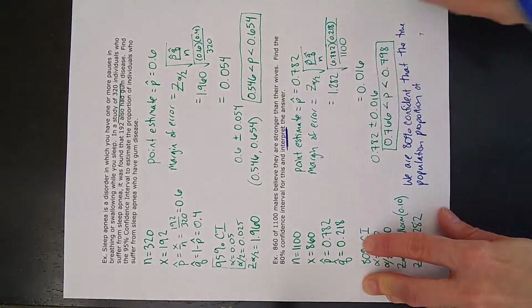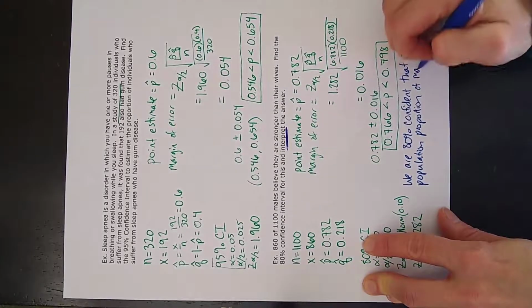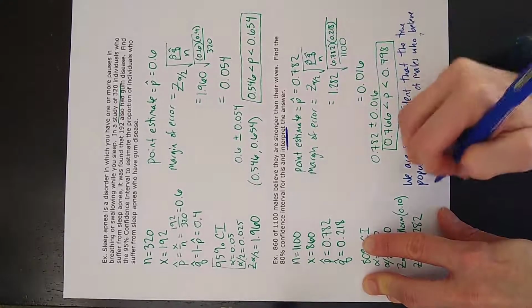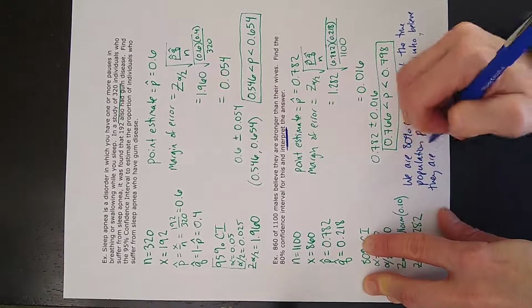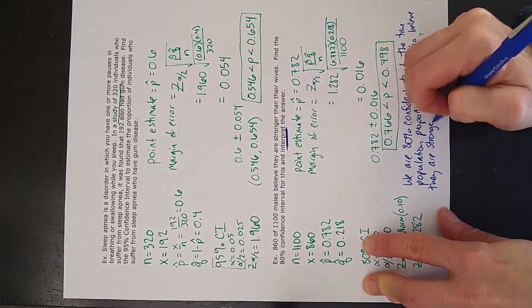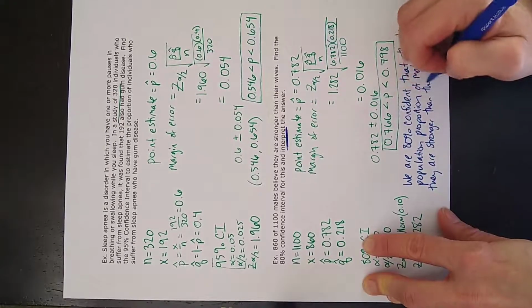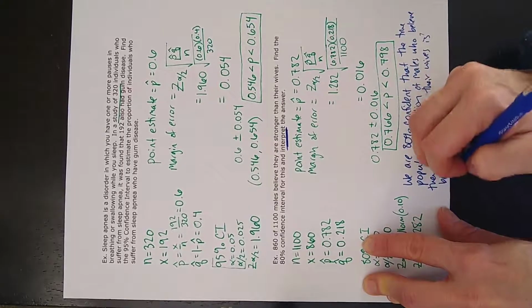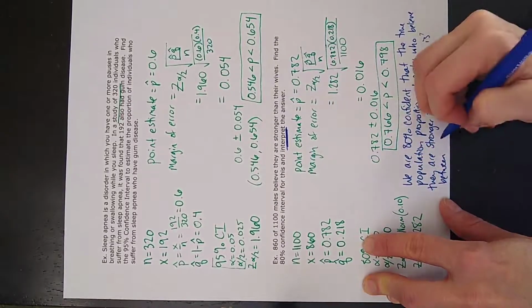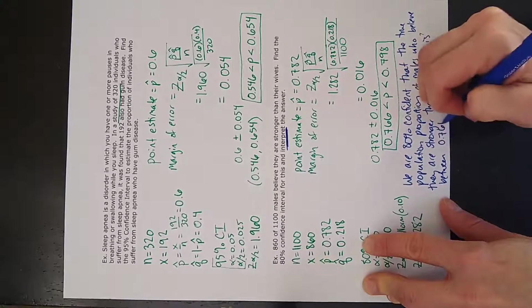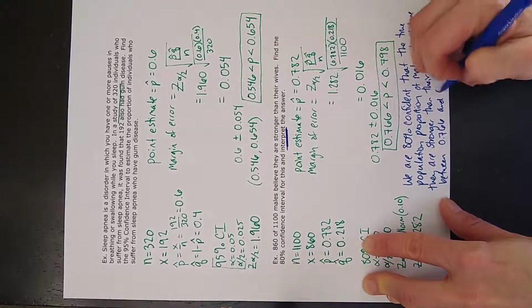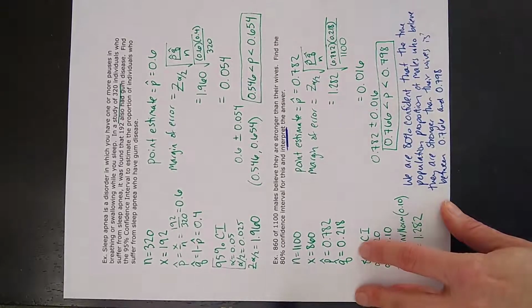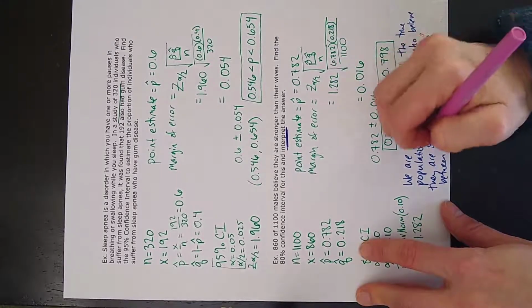Males who believe they are stronger than their wives is between 0.766 and 0.798.